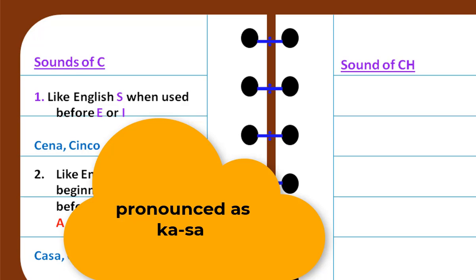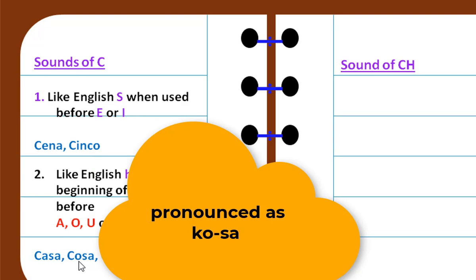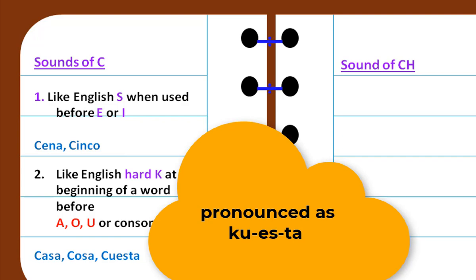Another example we saw during vowels when we were talking about O. O is present after C, so it sounds like English hard K. Co, sa, cosa. It means thing. Third one, it might become a little tongue twister for you, but it's fine.